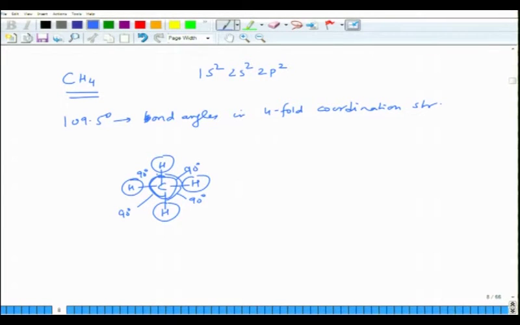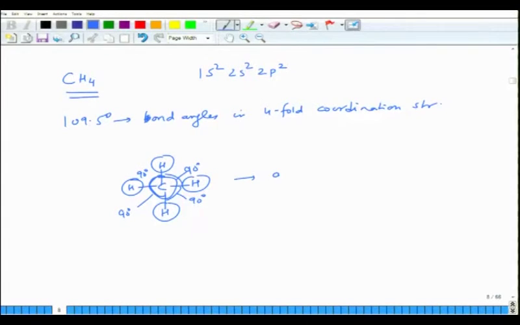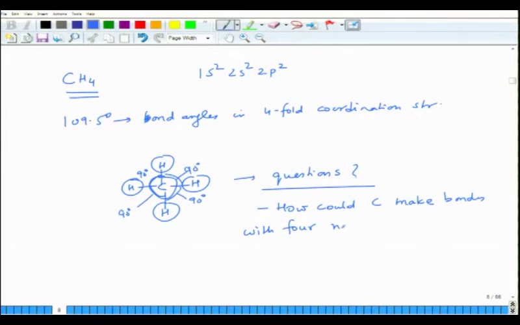Because 4 bonds mean carbon will have to share 4 electrons. Where do those 4 electrons come from? So, these were the questions which led to the modified theory. The questions were, how could carbon make bonds with 4 neighbors?